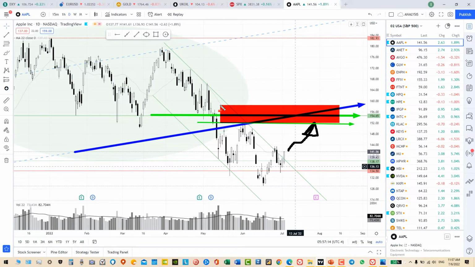So this zone may be around $6 thick, where all resistances from different time frames are combined. So keep in mind that the correction is fragile, especially if it came on decreasing volume.